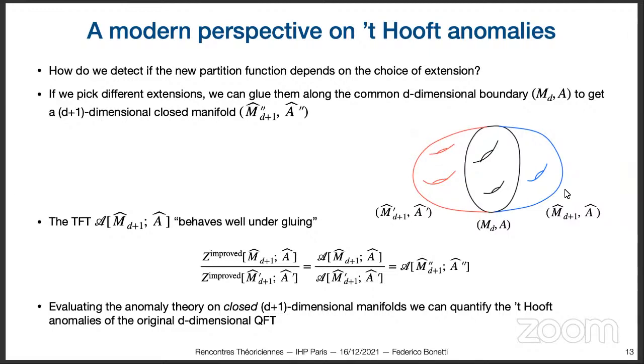And now the purpose in life of the anomaly theory is that it is also a gadget that we can evaluate on this closed manifold, and the partition function on that closed manifold measures, if you wish, the 't Hooft anomaly. If we want the anomaly to not be there, this curly A evaluated on closed manifolds should be 1, should be trivial. So now it measures for us the anomalies.